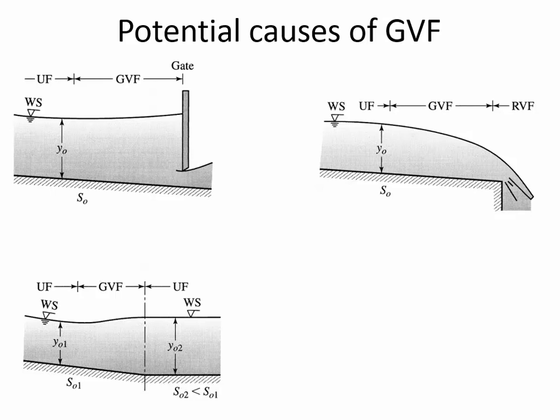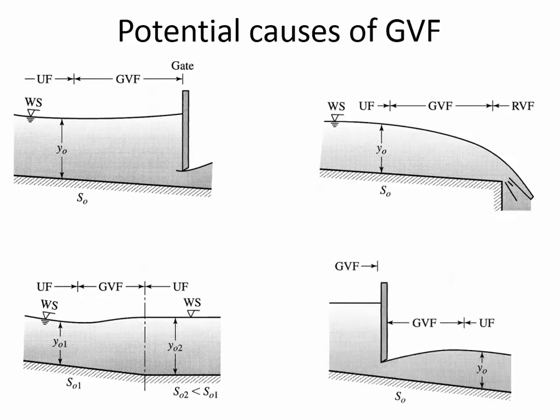And in both of these cases, both of the slopes are either steep or both of the slopes are mild. And we could see this transition as long as they're both steep or both mild. But if this one was steep and then this one was mild, then we'd have to see a hydraulic jump. So in that case, they're both the same critical designation.